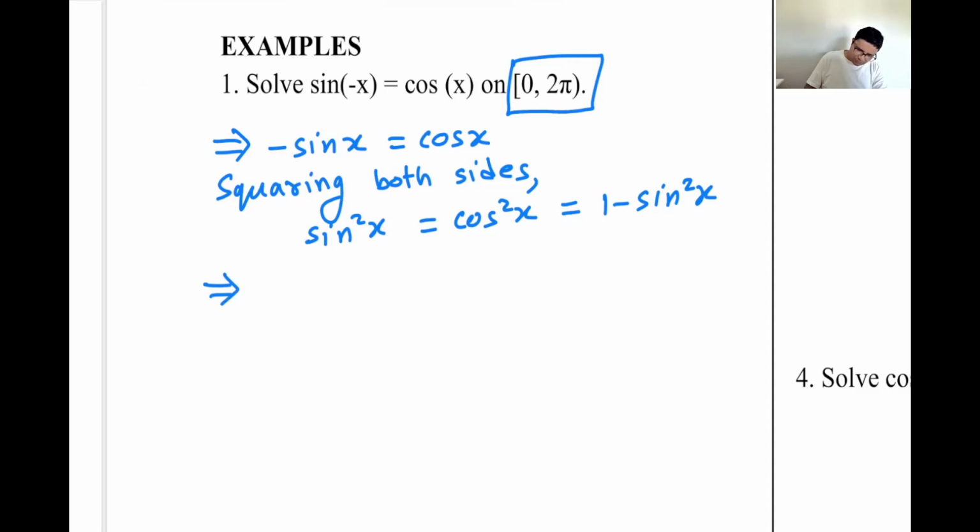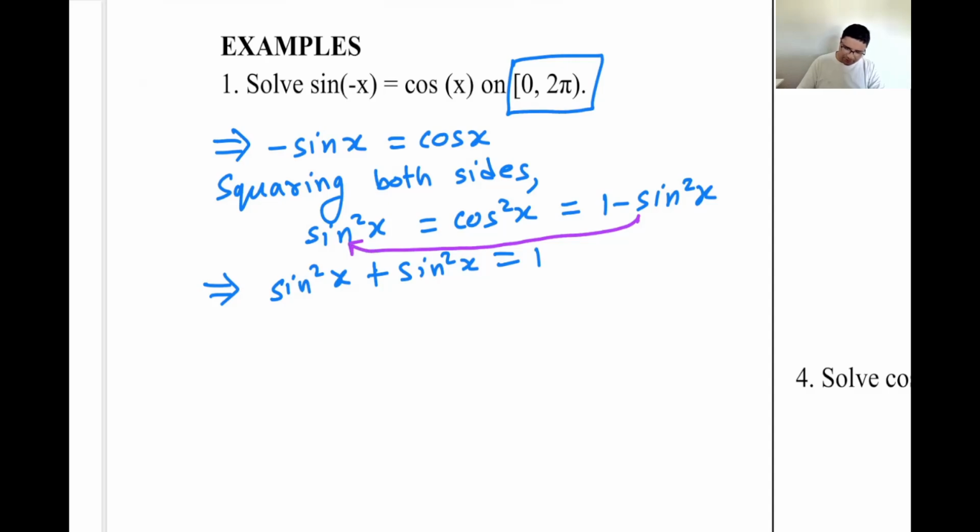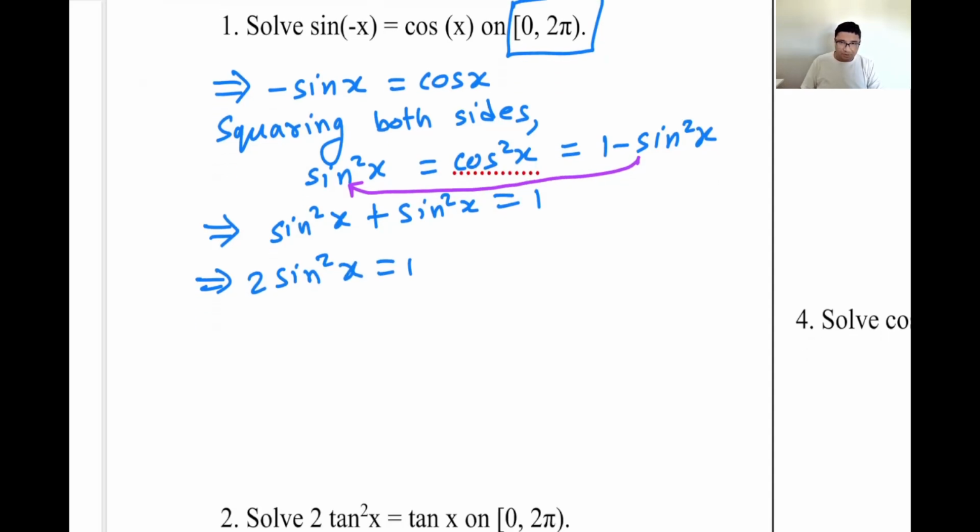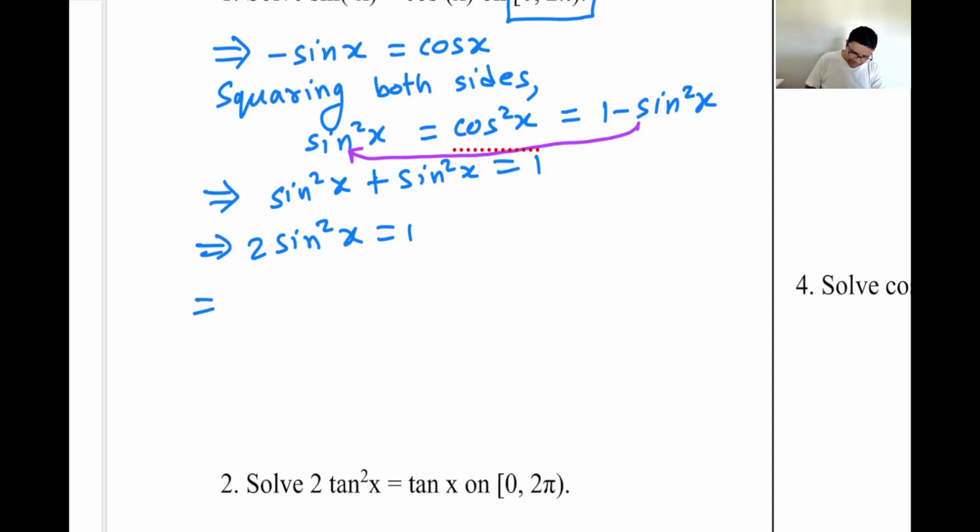So now sine square x equals 1 minus sine square x. Bring that sine square x to the left side, it becomes plus sine square x. So 2 sine square x equals 1. Now this is in terms of only one function, we can solve it. Sine square x equals half.